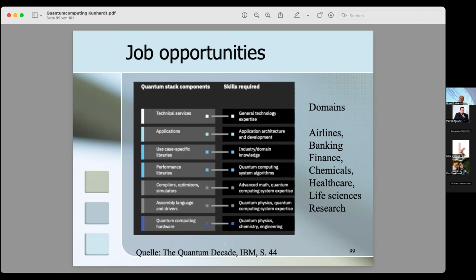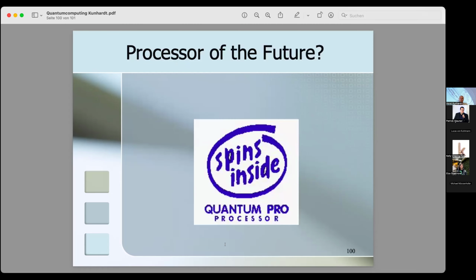So I think with these abilities and this knowledge in quantum computing, you can open a lot of doors in companies if you know how to work with quantum computers, how to program them specifically, and how to manage the transformation of problems and research.